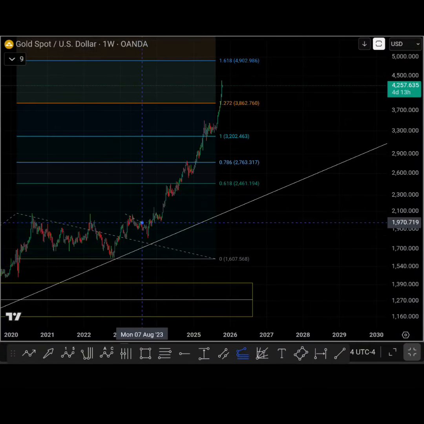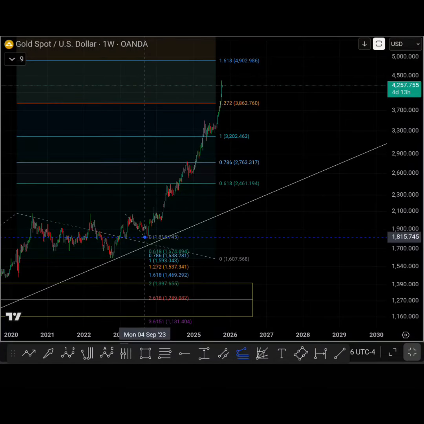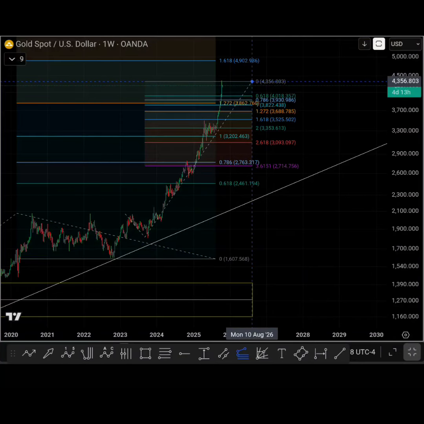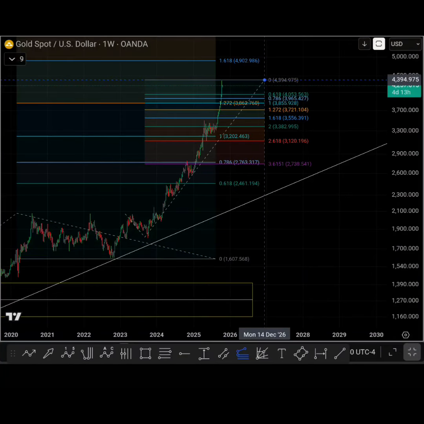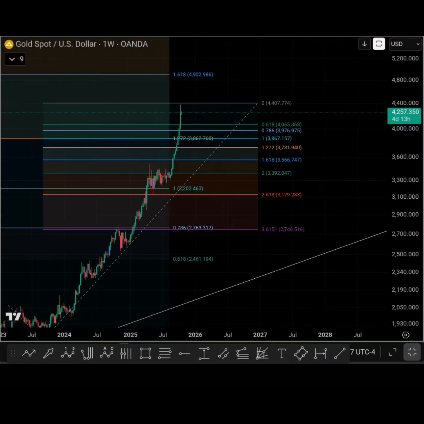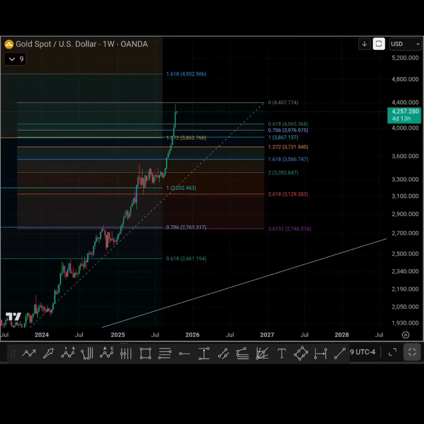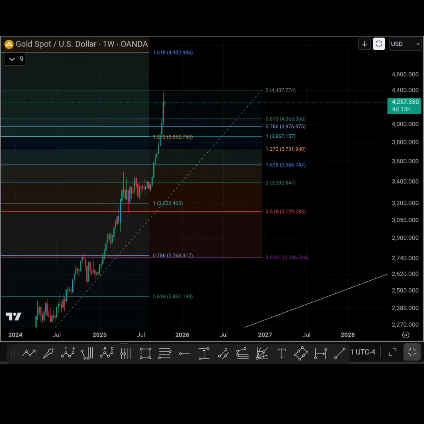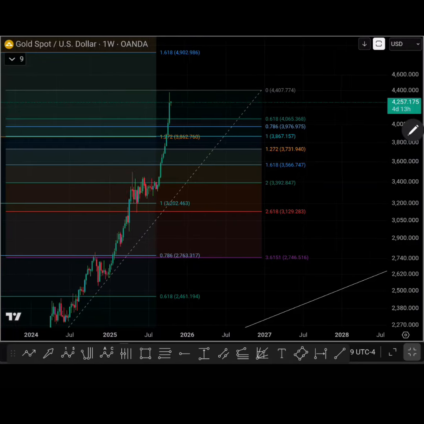I want to measure this leg here and say where the buy setup would be if price does pull back from here, exactly here. If it goes higher, of course, the buy setup comes in higher as well. But if price was to come down this week, 3,867 would be a buy setup.